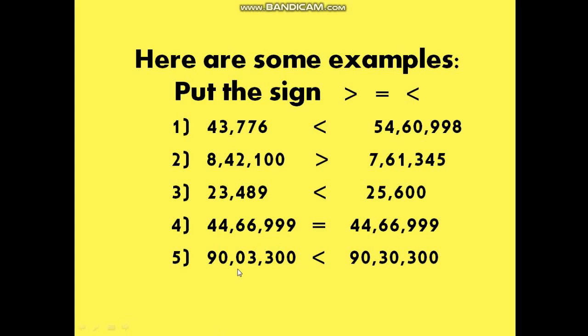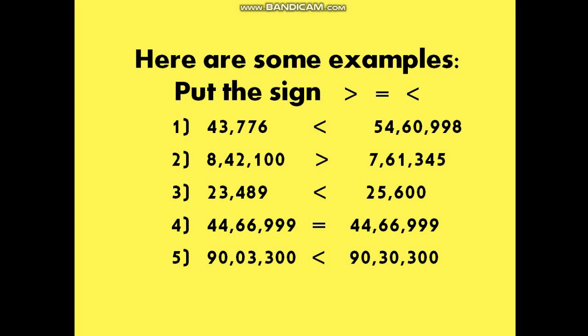Let us take the last example. 90 lakh 3,300. Another number is 90 lakh 30,300. Now as you start understanding the concept well, when you read the number, you will be easily able to make out where the difference is.